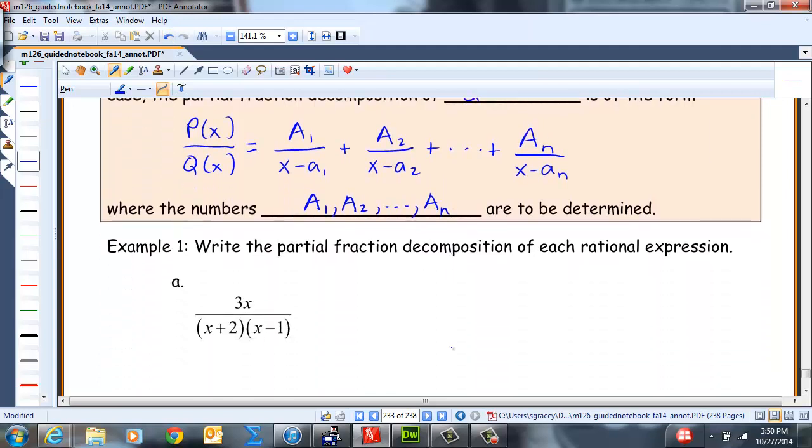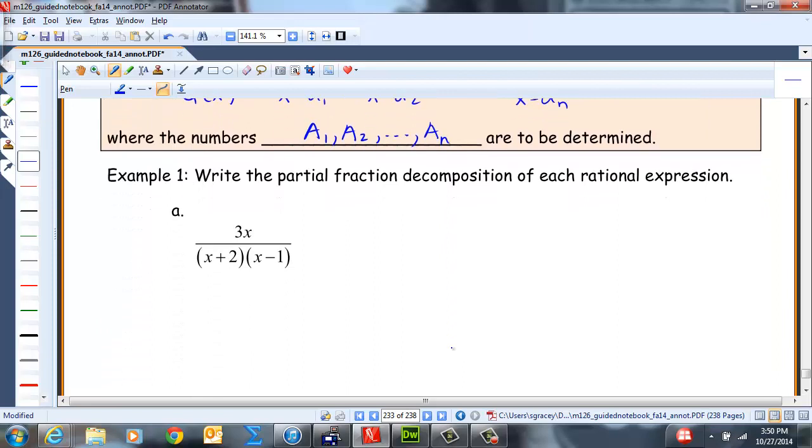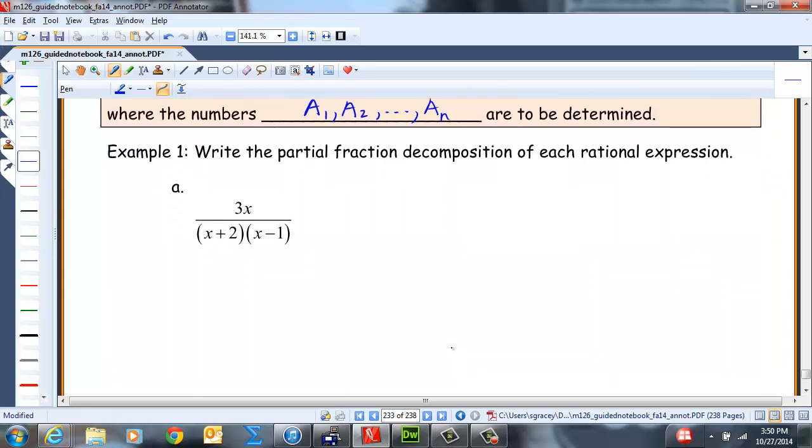So here we go. This one is already factored, okay? So we're going to write the partial fraction decomposition of this. The first step is to recognize that these are two linear factors, and so we need to set it up in this form: A1 over the first factor and then plus A2 over the second factor.